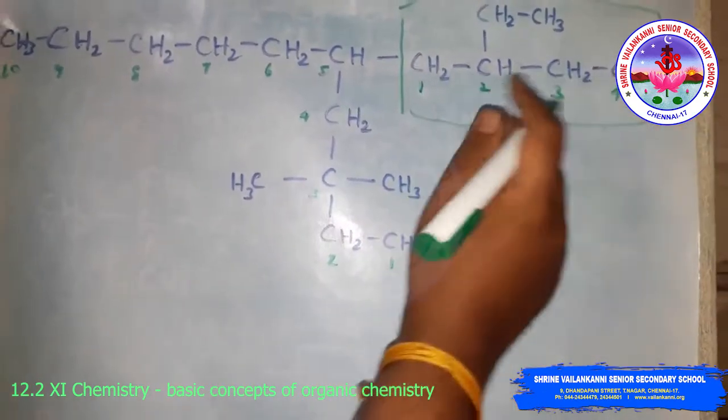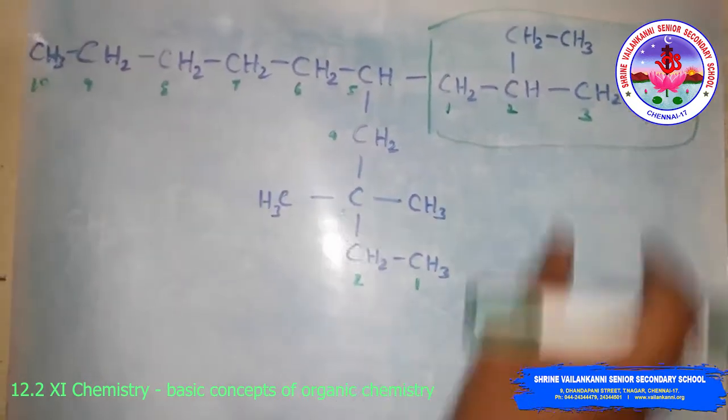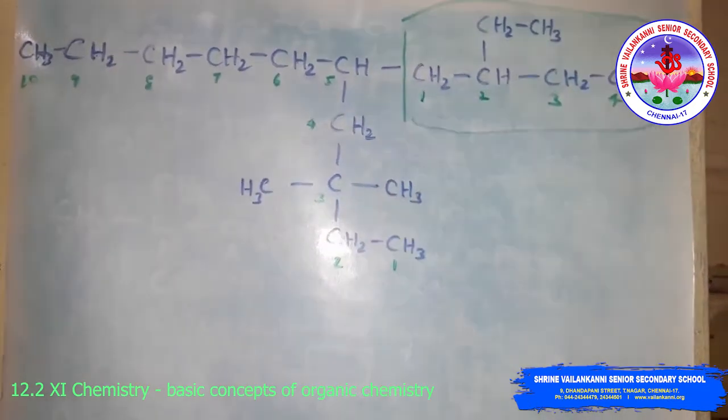So 1, 2, 3, 4. The 4 means the butyl group. Then the second position has one ethyl.